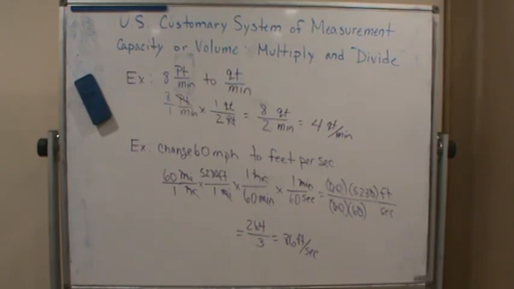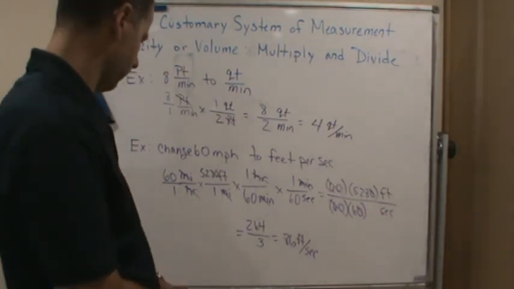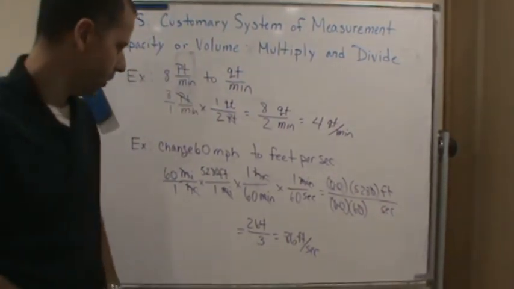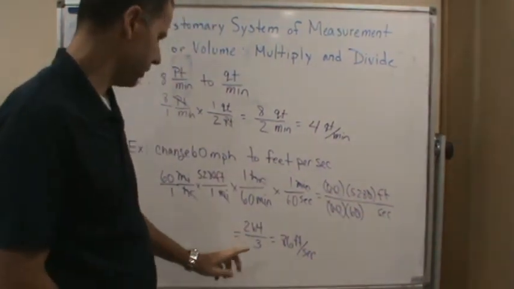Okay, let me just double check my math to make sure. Oh, hold on, I messed up. Is that right? Hold on. 264, that's right, divided by 3.